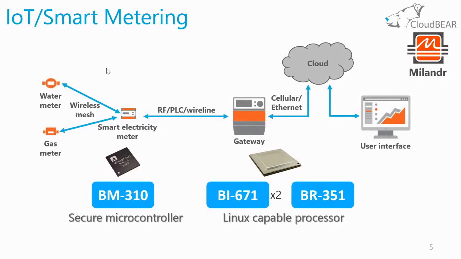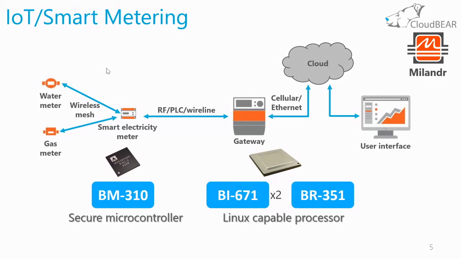Simple meters like water, gas, electricity meters are powered by small microcontrollers, and they measure the data from the sensors and transfer it to the secure gateways, which then provide data to the cloud, and there is some software on the user side which allows you to manage that, analyze that, and so on.